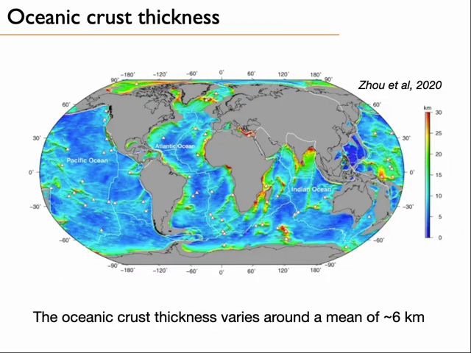The oceanic crustal thickness also varies from 0 to maximums of 30 kilometers in the regions of oceanic plateaus. The mean value is about 6 kilometers.